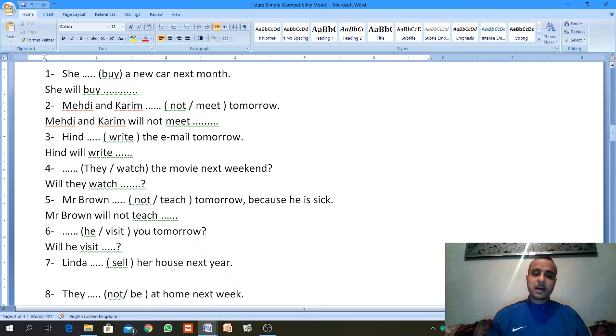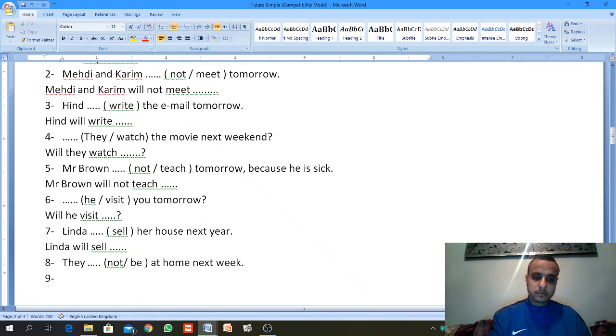Linda sell her house next year. This is an affirmative sentence. Again, what is the rule for the affirmative form in the future simple? Subject plus will plus infinitive without to. So subject Linda plus will. Linda will sell her house next year.